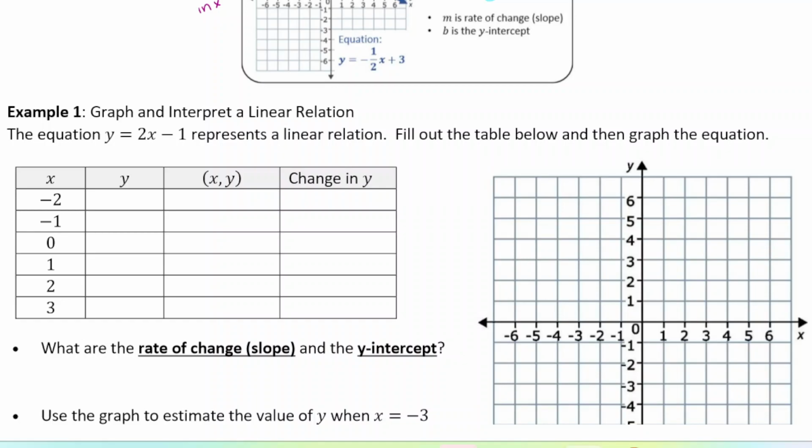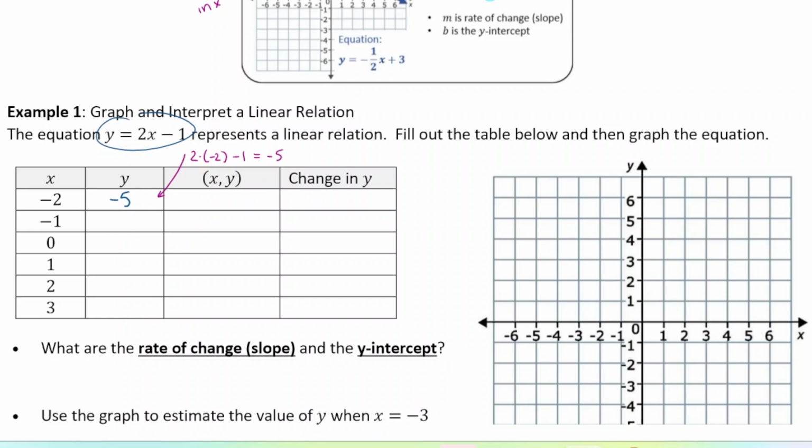Okay, so if this is our equation and x is negative 2, to get the y value, I'm going to plug in negative 2 into the equation and evaluate it. So 2 times negative 2 minus 1, that's negative 5.